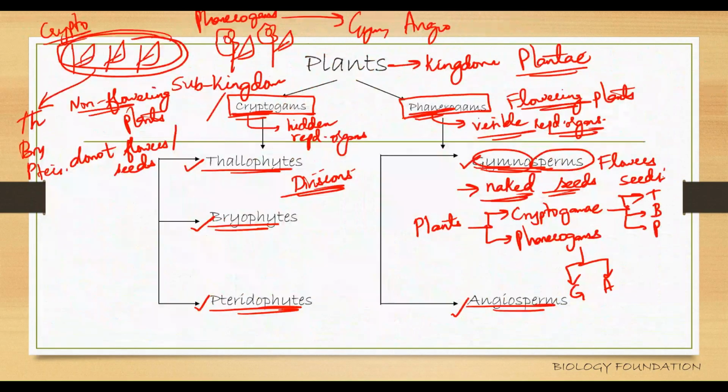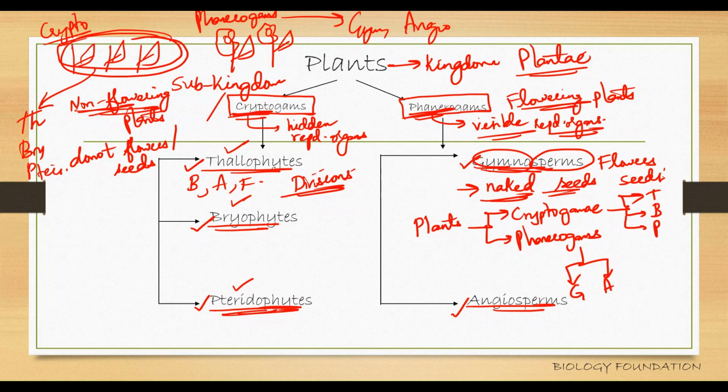So basically, cryptogams or non-flowering plants are kept under three divisions: Thallophyta, Bryophyta, and Pteridophyta. Thallophytes include bacteria, algae, and fungi. Bryophytes are organisms which do not have a proper root system, but leaves and stems are seen. Pteridophytes have a modified underground stem called a rhizome, and the leaves are fronds.